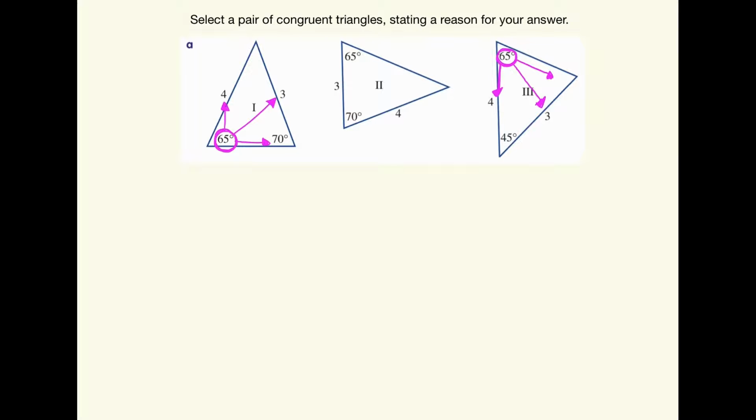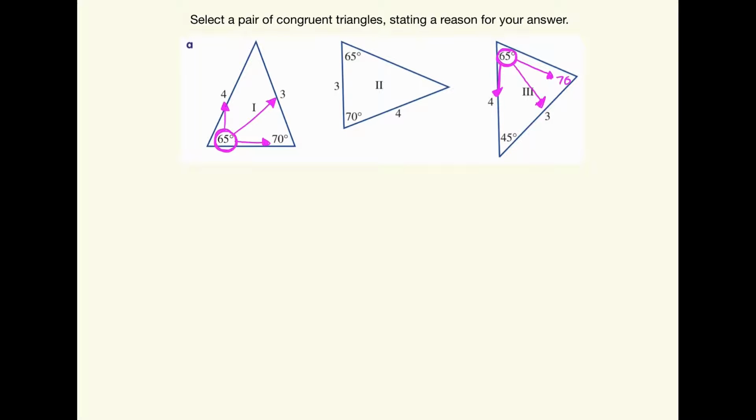We know that the sum of the angles of a triangle is 180 degrees. So these two combined, 65 degrees and 45 degrees, make 110. The remaining angle must be 70. So this is 70. Therefore, we have just determined that triangle 1 and triangle 3 are congruent.